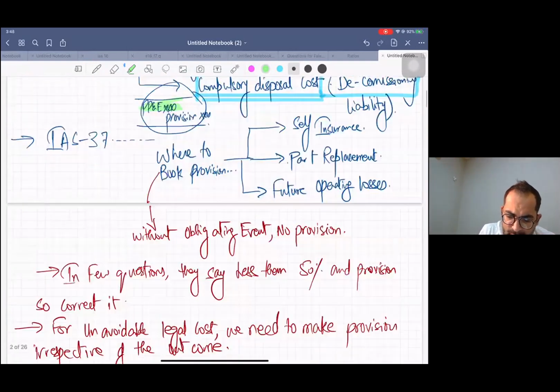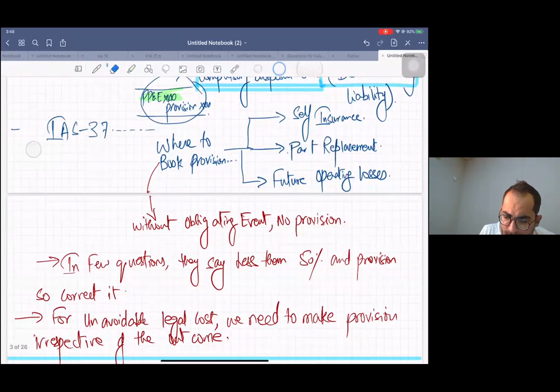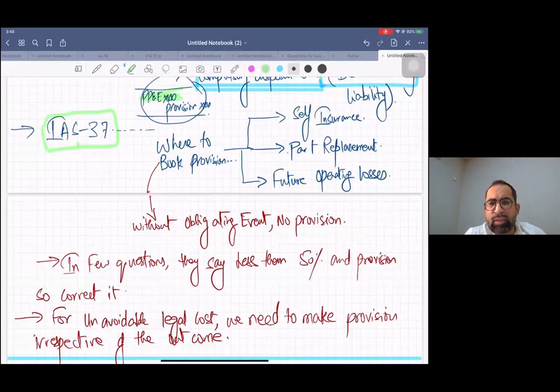Then if you come to IAS 37, sometimes in one question, the entry of unwinding of discount is interest expense debit and provision or liability credit.